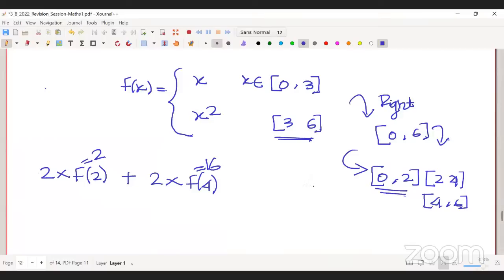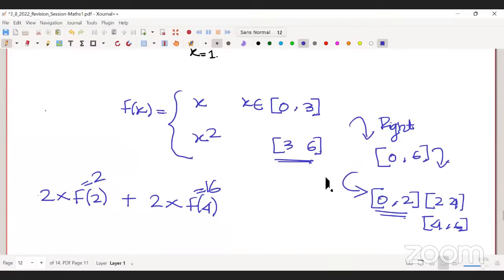Instead of 2, 4, we have to calculate for 6 and 4, since 4 belongs to the interval 3 to 6. I missed one more thing, 2 into f of 6. For this interval on the right-hand side it's correct, and I have taken f of 2 here.